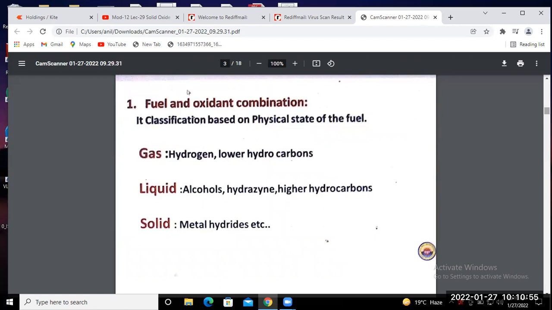So these are the classifications of fuel and oxidant combination.